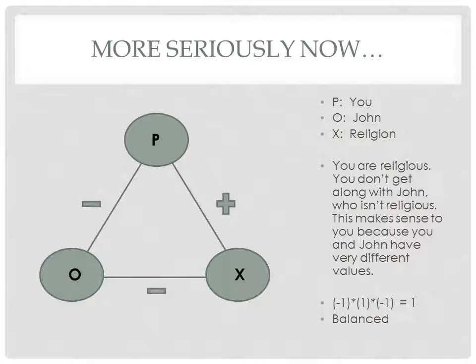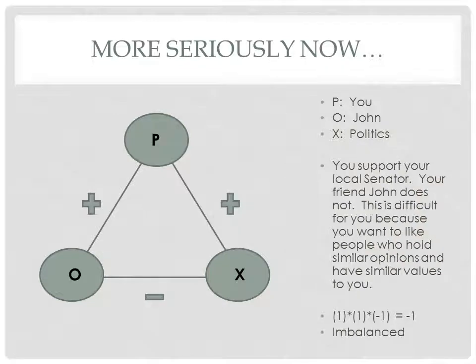So I don't like my roommate, I'm very religious and he isn't. And again, this is going to make sense to me because maybe part of the reason I don't like John is that we have very different values. Again, you can look at the equation, so negative relationship times positive relationship times negative relationship comes out to be a positive number. This one is balanced. I expect someone I don't like to disagree with me on that issue.